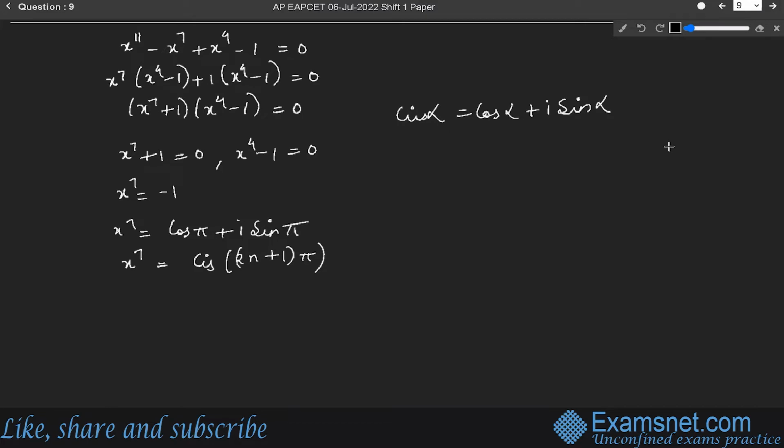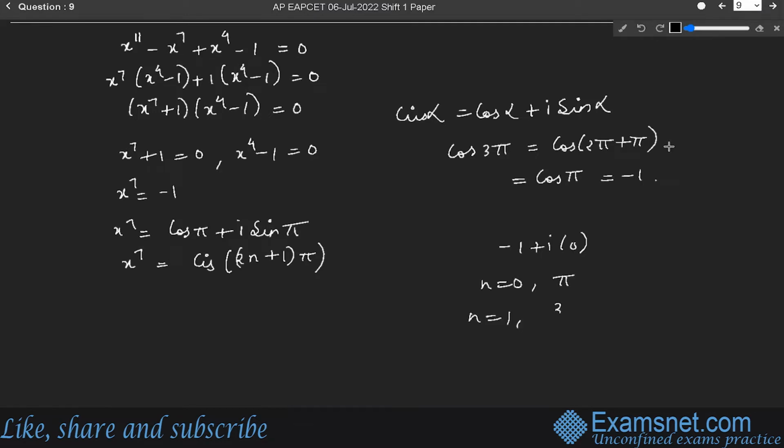We know that cos 3 pi can be written as cos 2 pi plus pi, which will be equal to cos pi, which will be equal to minus 1, and minus 1 plus i into 0. So if n is equal to 0, then pi. If n is equal to 1, then it will be 3 pi.